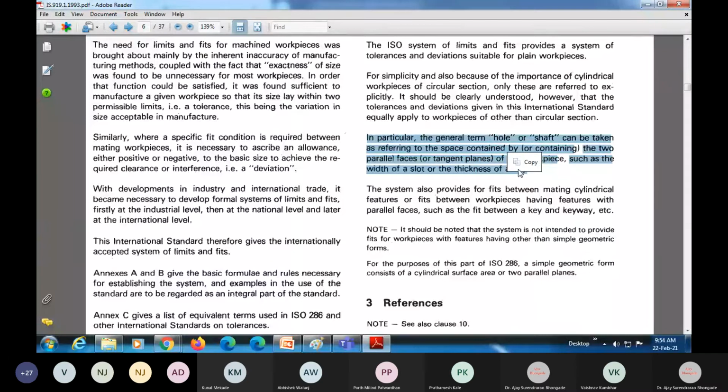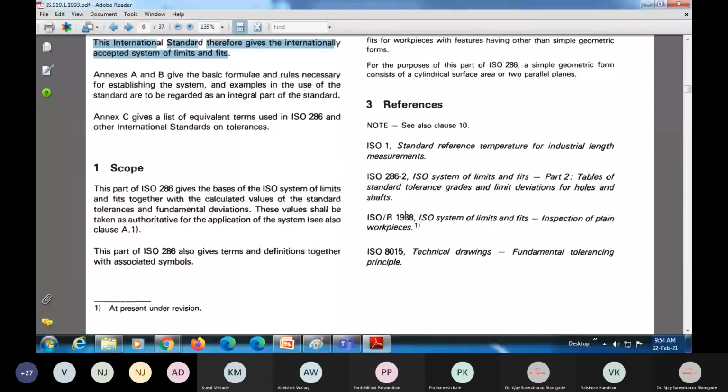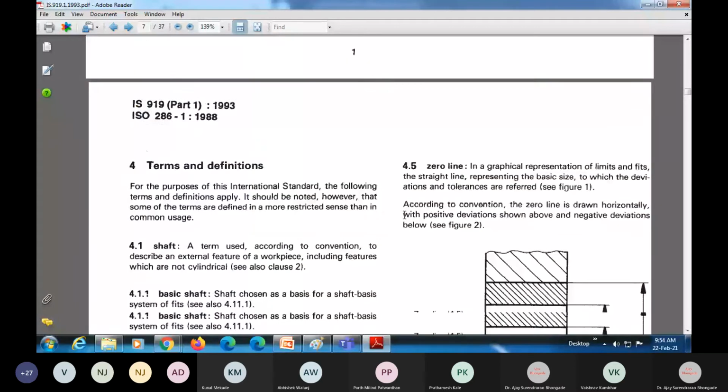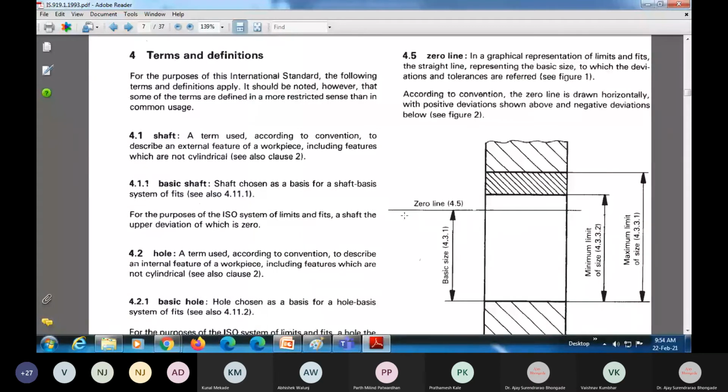So all these things have been given in this international standard that has been accepted for the standardization of the tolerances there.